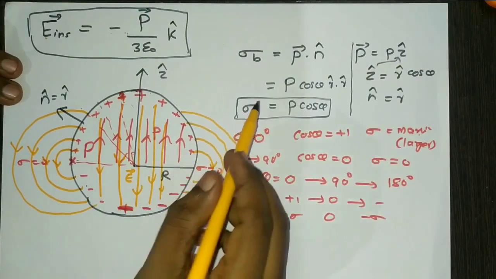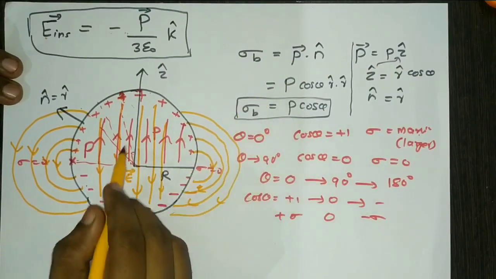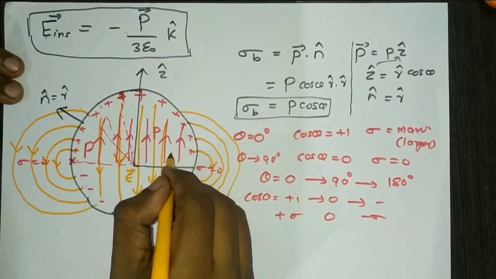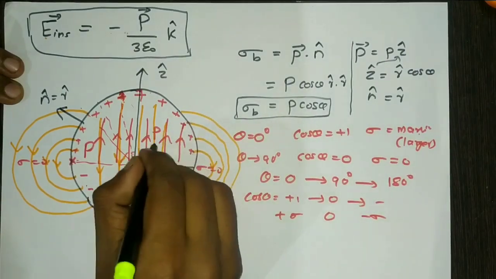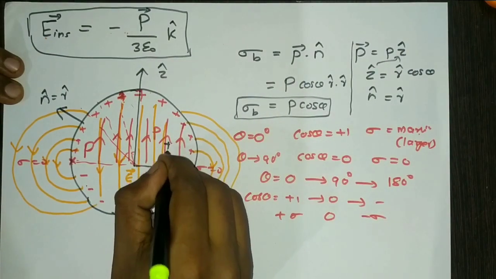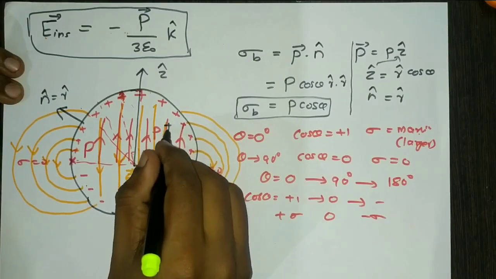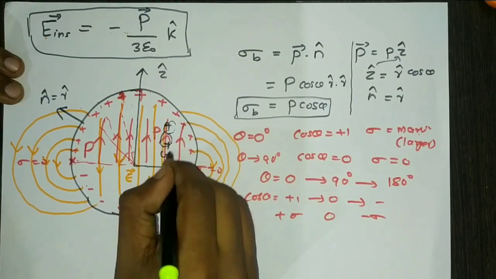The volume bound charge density will be 0 because in the case of uniform polarization, a large number of dipoles will be there, positive and negative, and those will be cancelled out.